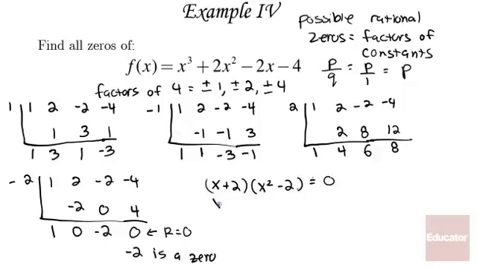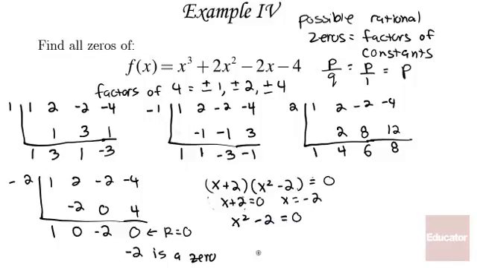So I know that I've got x plus 2, and I look and I can't factor anymore. So I use the zero product property, and I know already that x plus 2 equals 0 and x equals negative 2. I figured that out, but I can go on and do it with this as well.